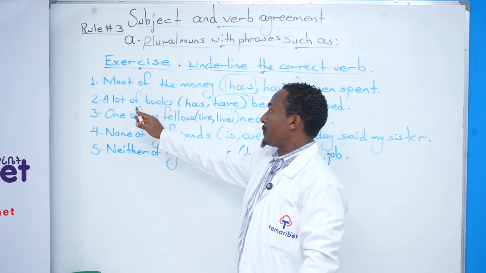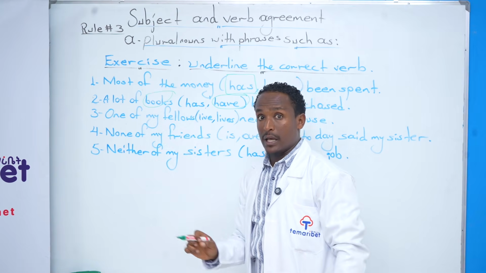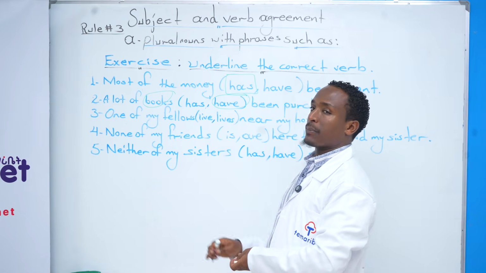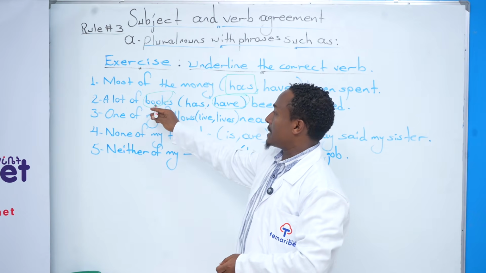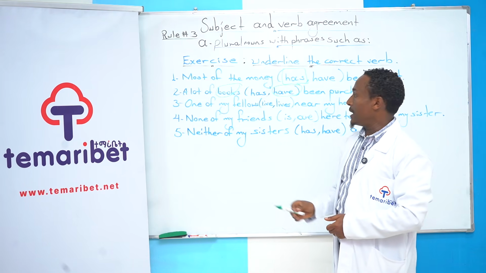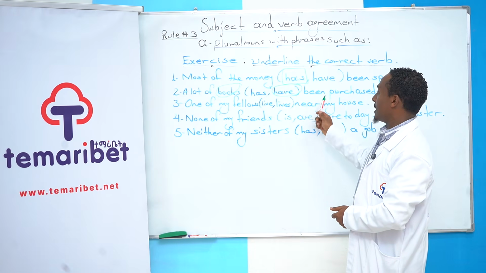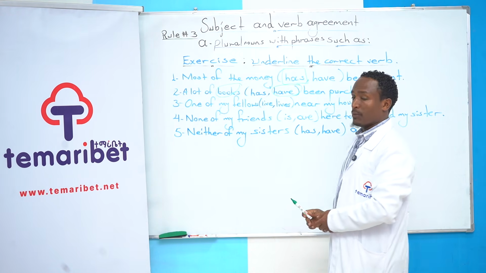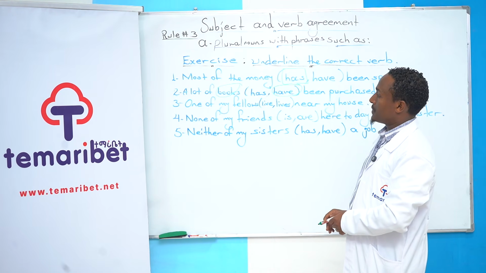If a lot of comes with countable noun, books are countable nouns. We can count the number of books. That's why we choose plural verb. What if it was water or an uncountable noun? It will be has been purchased. But here, the thing that has been purchased is countable, which is a book or books. So the verb goes to have.